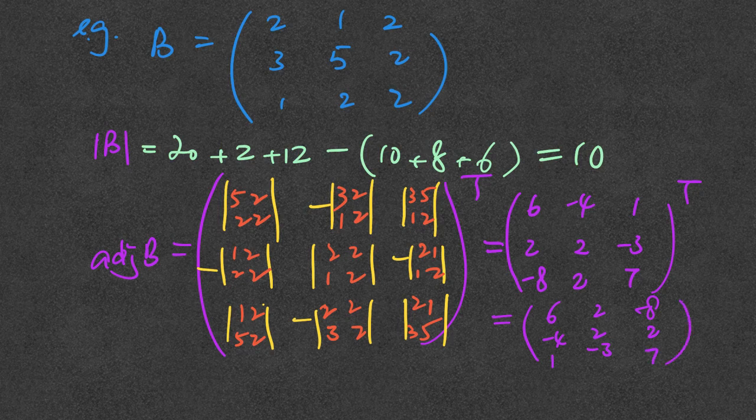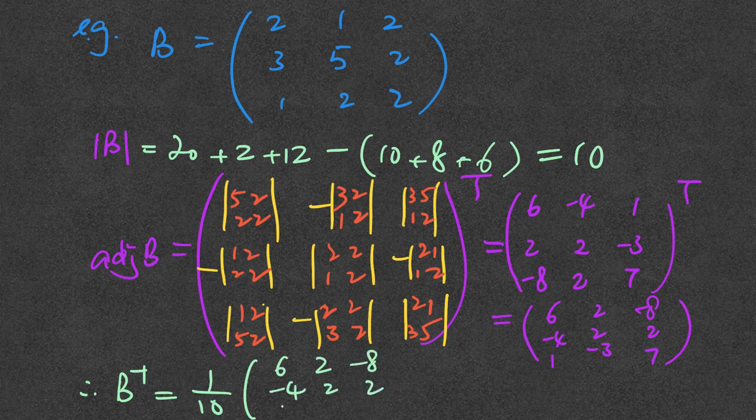So this is the adjoint of B. Finally, you can say B inverse will be equal to 1 over 10 of the following matrix. But this time you will see it's better not to multiply the numbers inside, because it takes you quite a long time to rewrite the answer finally, right? But you just leave 1 over 10 outside as the answer this time.